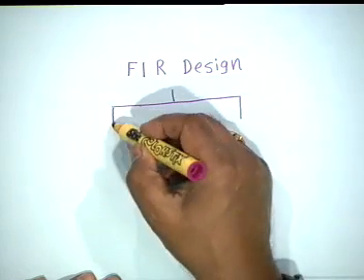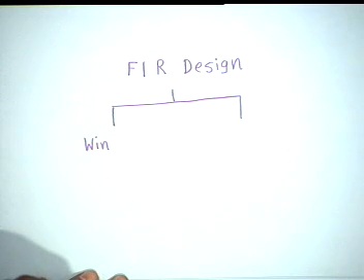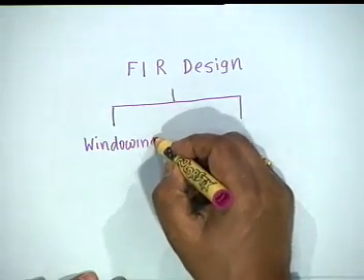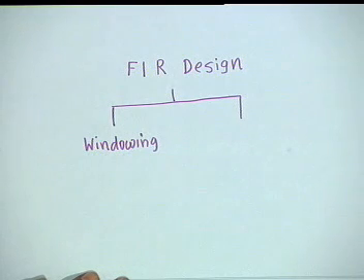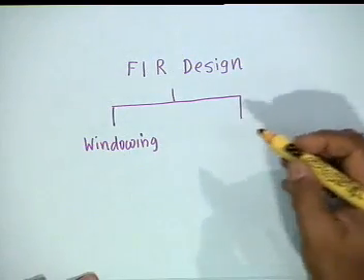And we said that there are only two analytical techniques which are available, and that too they are not completely analytical, they are semi-analytical. They only give you a rough idea of what it is going to be. You might have to undergo a number of iterations before you zero in on a particular design.